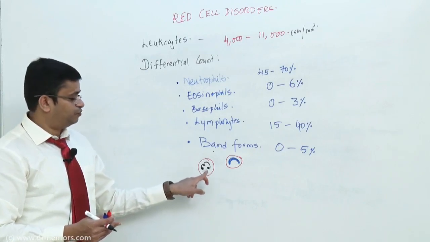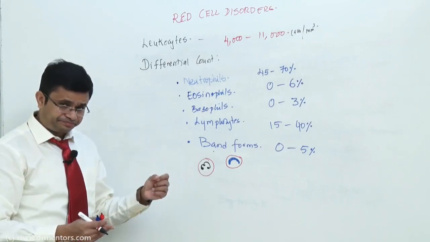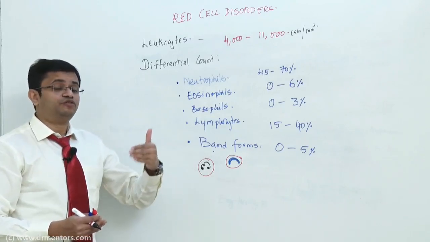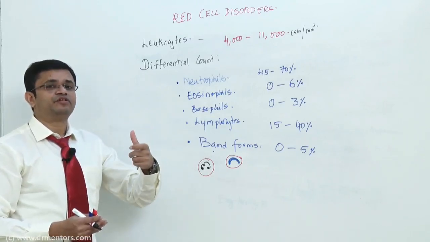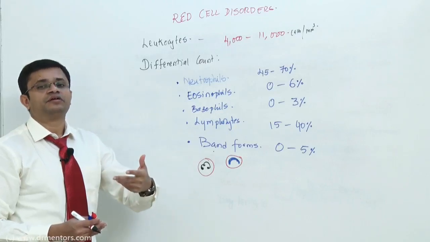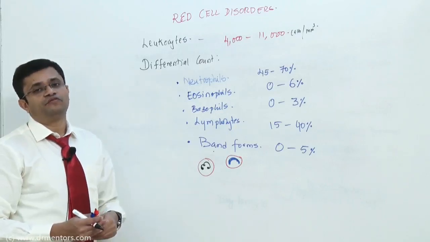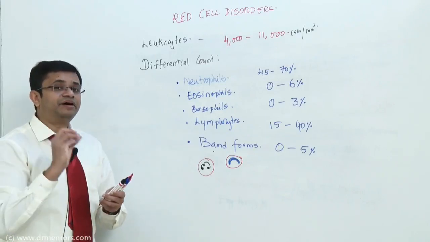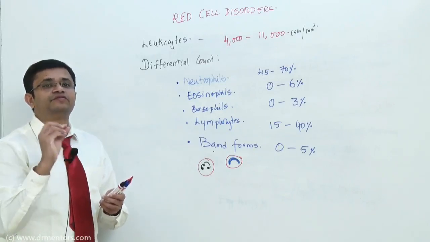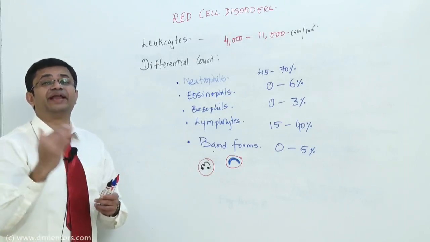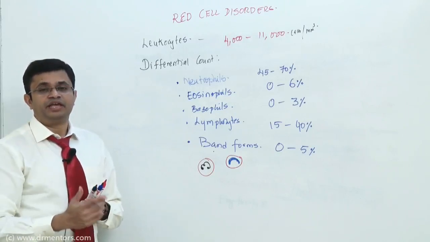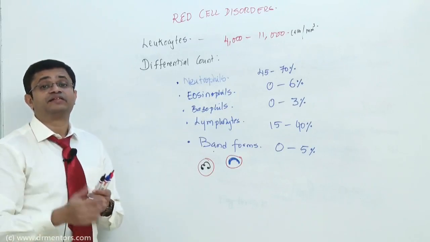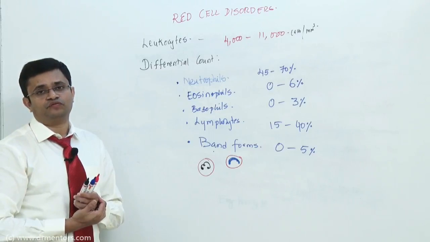So the number of neutrophil lobes is mainly 3. Sometimes you have 4, very rarely 5. The percentage of 5-lobed neutrophils in a given peripheral smear should not exceed 5%. Even if you have a single neutrophil with 6 nuclear lobes, it is called a hypersegmented neutrophil.